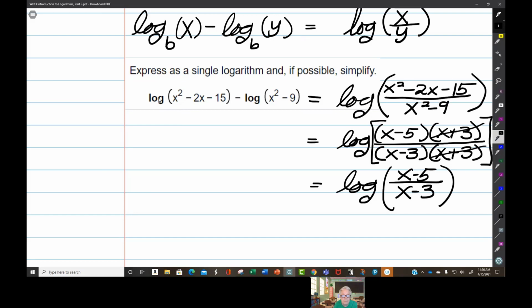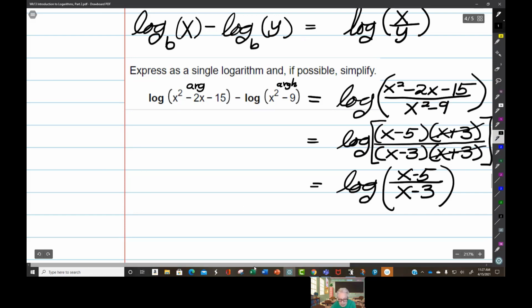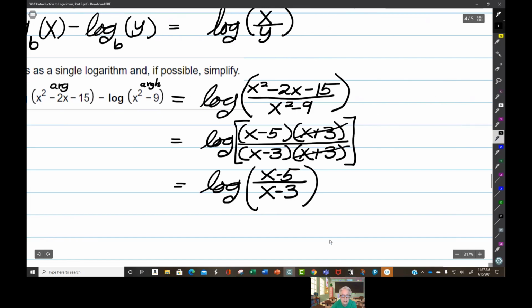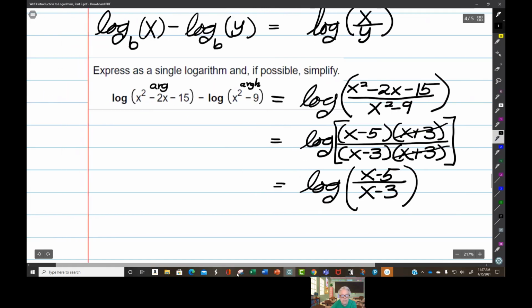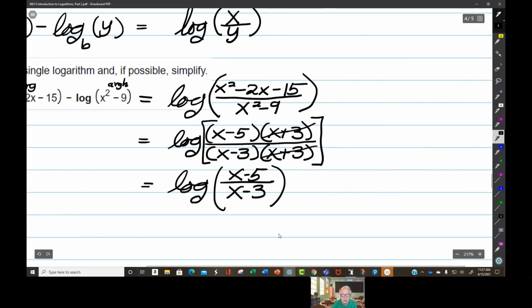All right, here we have the log of an argument minus the log of another argument. We'll call this ARGH. Arg, matey. So when you have the log of arg minus the log of arg, this is what you get: arg over ARGH.